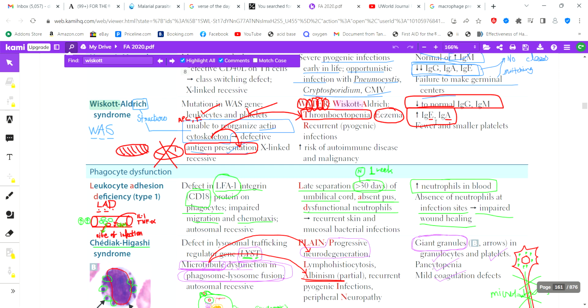So IgE, E for Elon Musk, and then A, he does AI stuff, right? Artificial intelligence. So just think of Elon Musk is rich, so IgE is up, and he does a lot of AI, so IgA is up. So the rest will be down, right? Or normal.